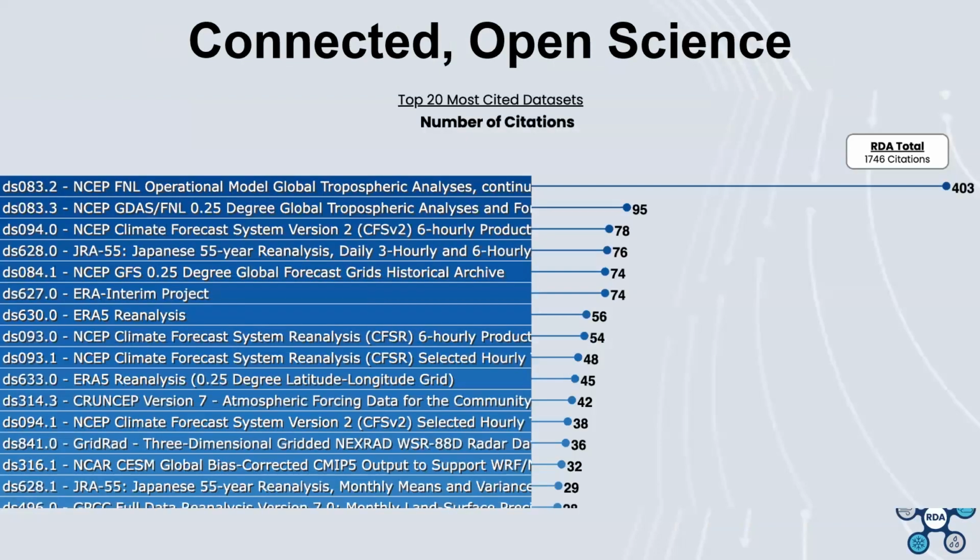And then we can also do metrics. We can show our top 20 most cited data sets. We can also show citations by year for the entire archive, by data set. We can use these metrics to decide if data sets are still relevant, and how we see the citation statistics change over time.